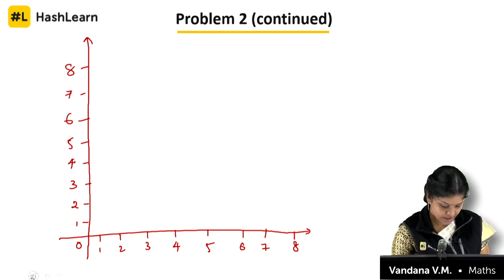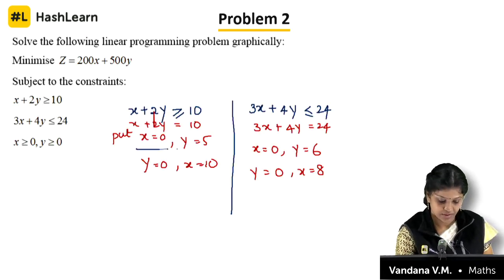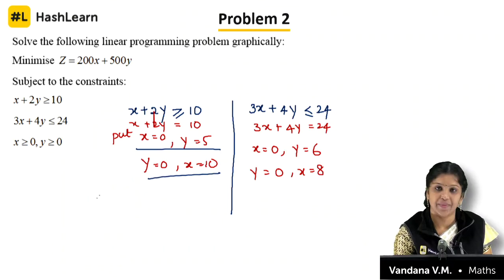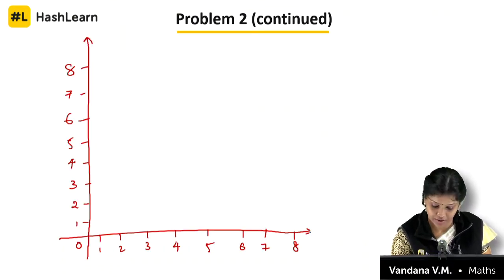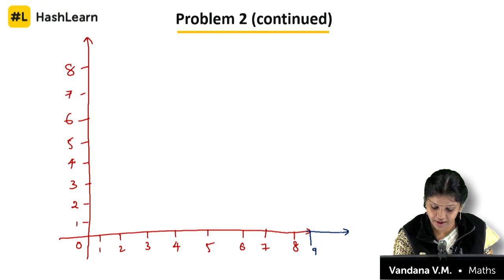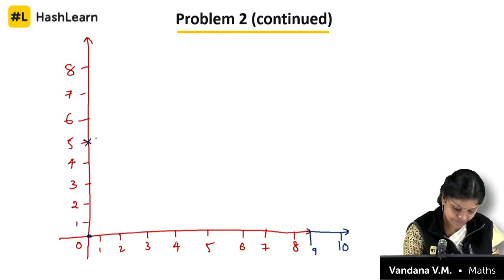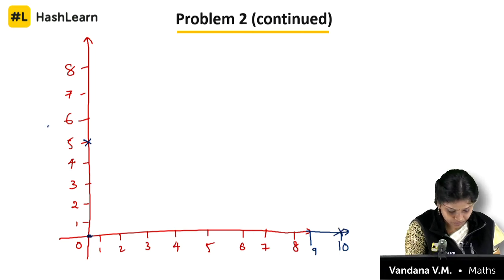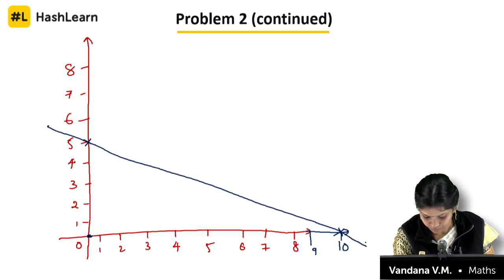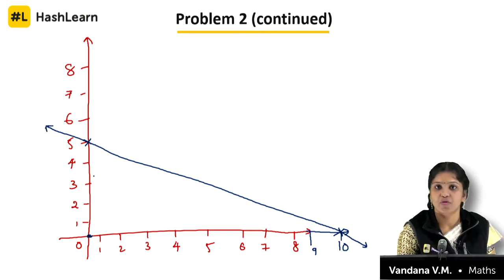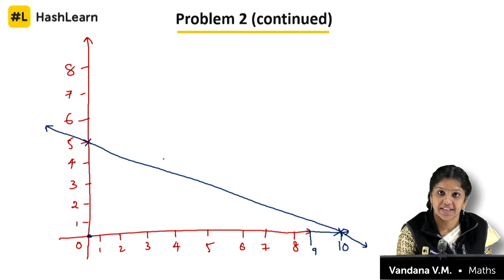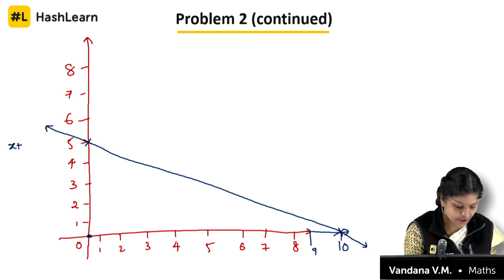So, now please plot the points. 0, 5 and 10, 0. This is the equation of x plus 2y is greater than or equal to 10.